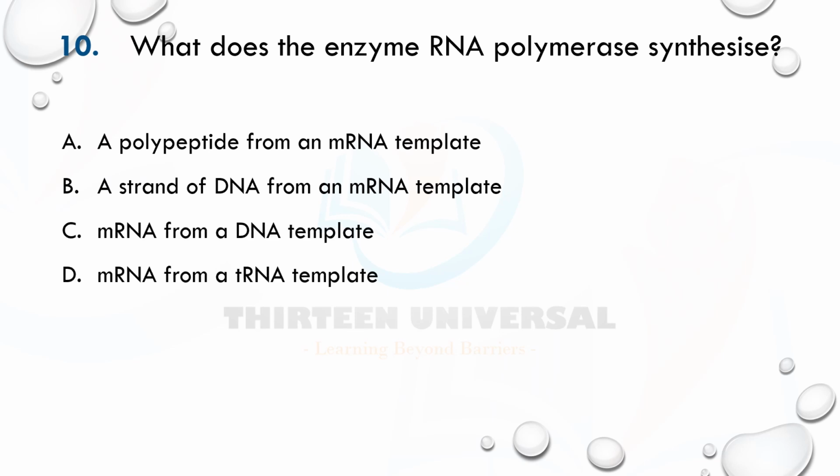Option A says a polypeptide, but it doesn't catalyze translation. Translation is the synthesis of a polypeptide using RNA as template. A strand of DNA from mRNA is called reverse transcription, and the enzyme that catalyzes this, using mRNA to form DNA, is reverse transcriptase.